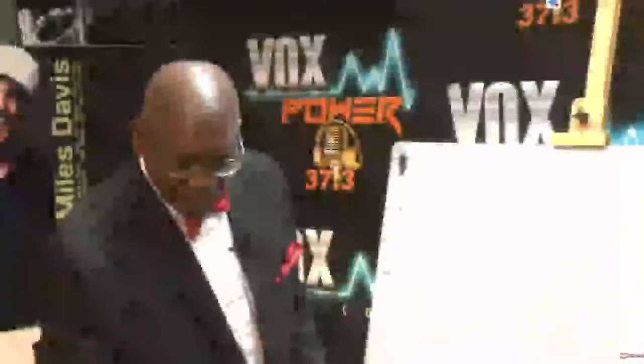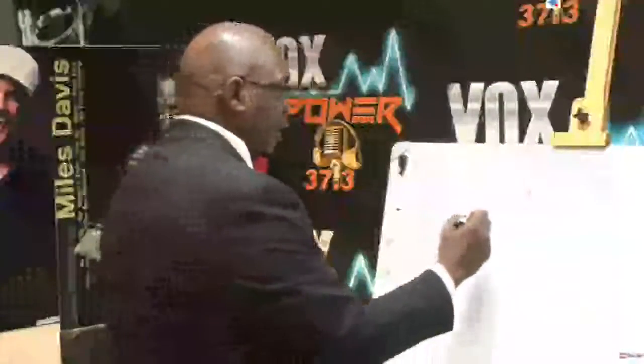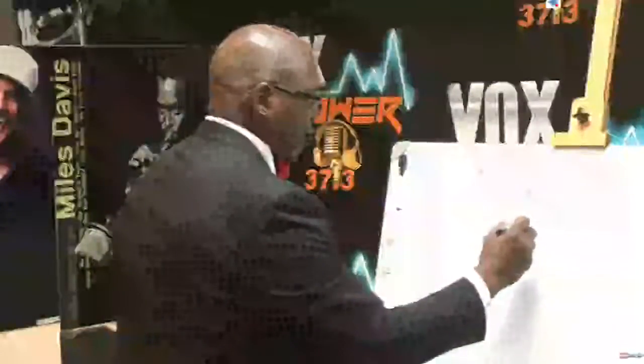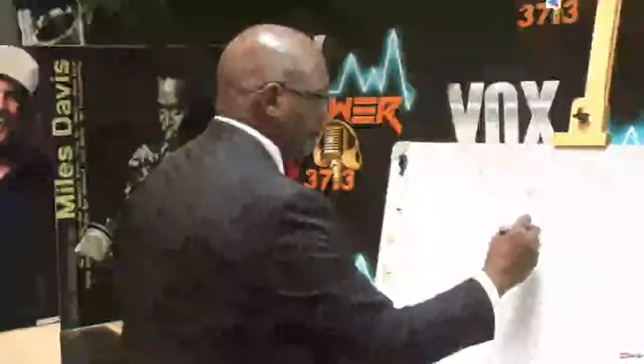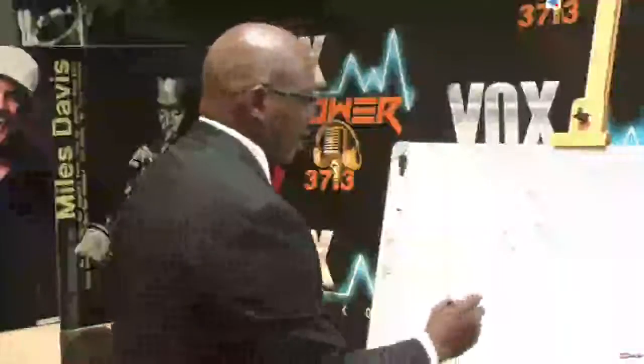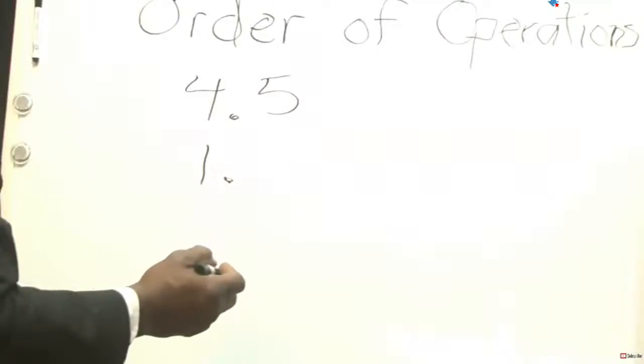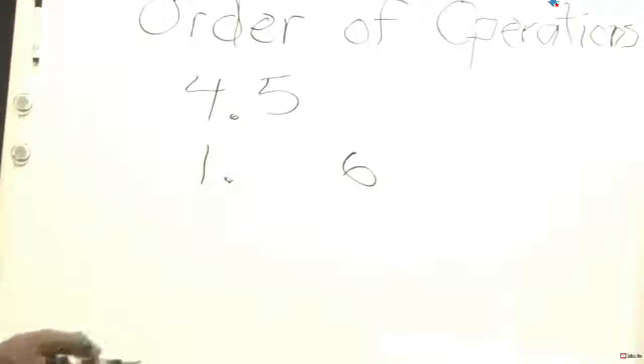Now, of course, neatness. Whenever we're working on our problems, it's always imperative that we line things up. For example, if we have 4 and 5 tenths, and we add 1 and 6 tenths, we don't want to put that 6 way out here.